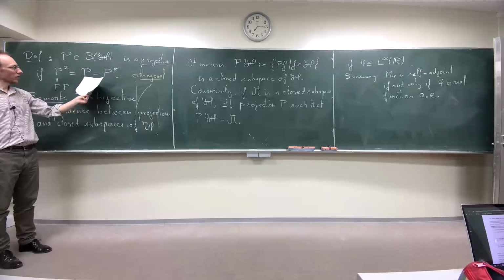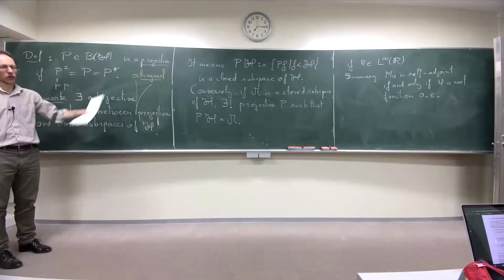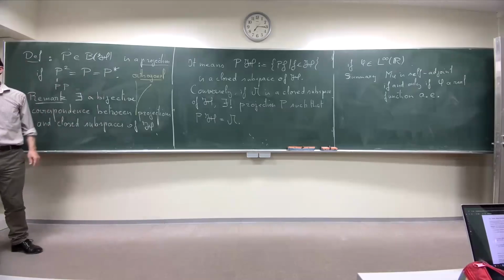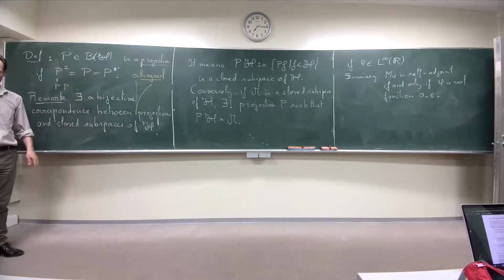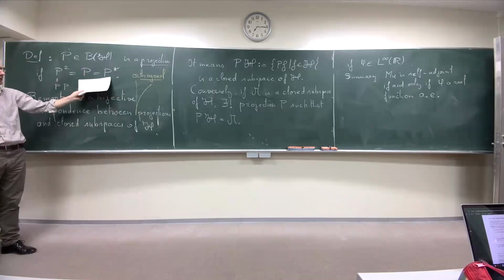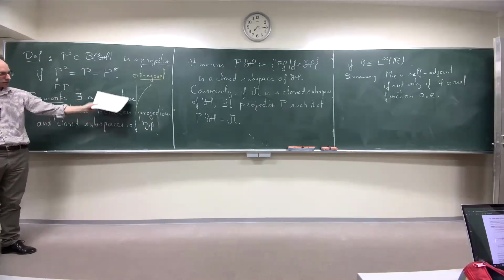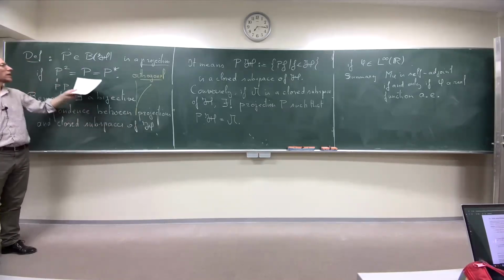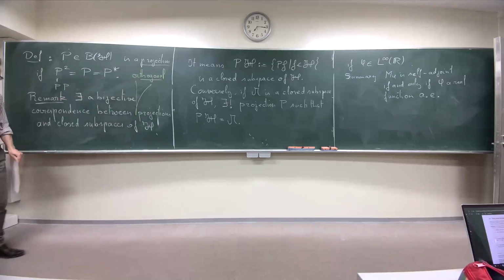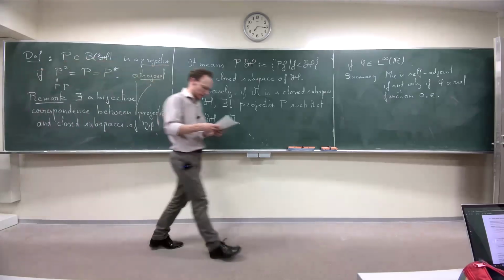And whenever we have also equal to P star, we call it orthogonal. But it depends on the context. In the context of Hilbert spaces, we always assume that it's an orthogonal one, and we forget to say orthogonal. So just be careful. If ever you see just this condition, be careful. Probably it means we don't assume this one. In this case, I should call it projection. And if we have the P star as well, I should call it orthogonal projection. But it depends on the context.